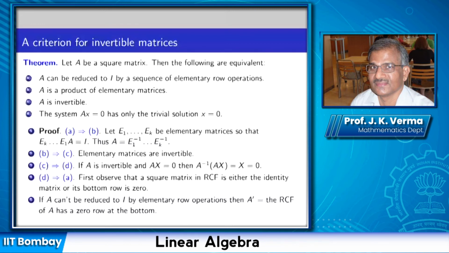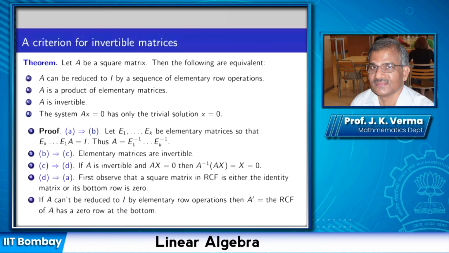If there are fewer than n pivots, that means the number of non-zero rows is less than n, and therefore the bottom row must be equal to 0. That's what it says: if I have a square matrix, then the row canonical form has these two possibilities. Either it is the identity matrix or the bottom row is 0.